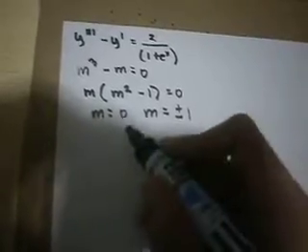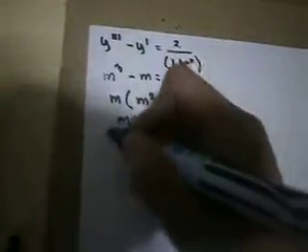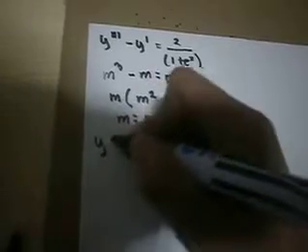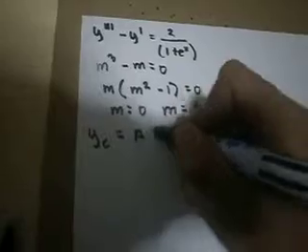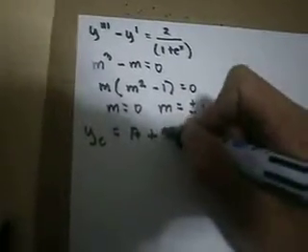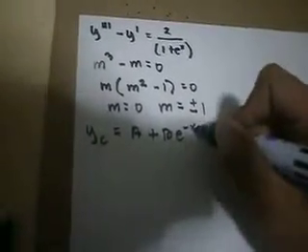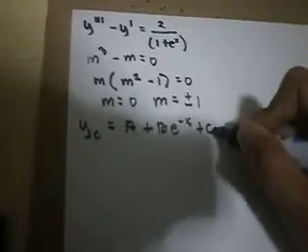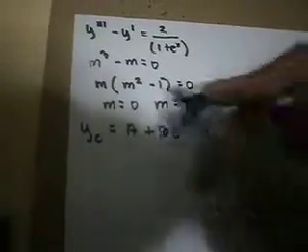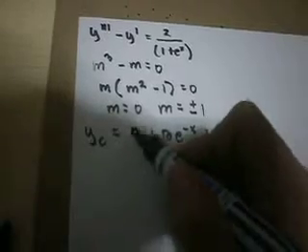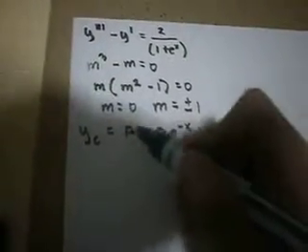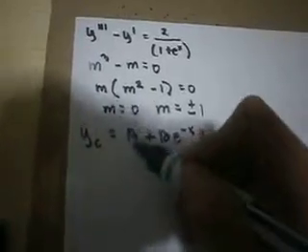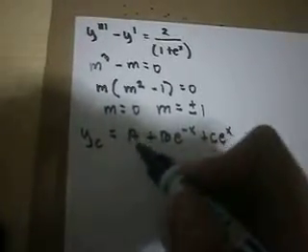Since we have distinct real roots, we can write our solution in this form: a plus b e to the negative x plus c e to the x. We write the first as a e to the 0, but since e to the 0 is just equal to 1, this is just a. So this is our complementary function.